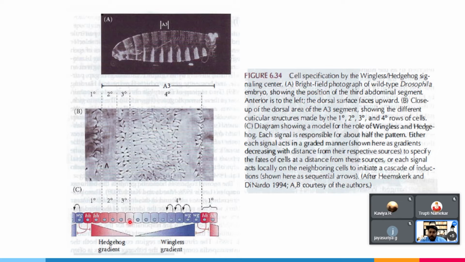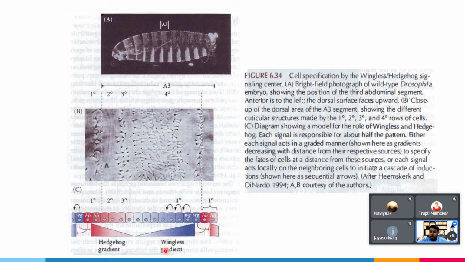And this gradient ensures different fates in the epidermis, so that different cuticular structures are formed. We can have primary, secondary, tertiary, or quaternary structures, all of which have different natures, and it entirely depends on the gradient of hedgehog and wingless in the underlying cells.